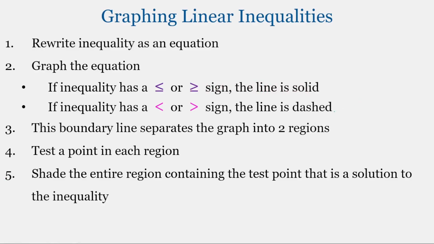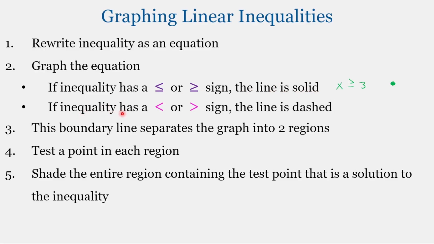This is like when we were graphing something in one dimension and we had x greater than or equal to 3, we used that closed circle. The closed circle is the one-dimensional equivalent of a solid line in 2 dimensions.